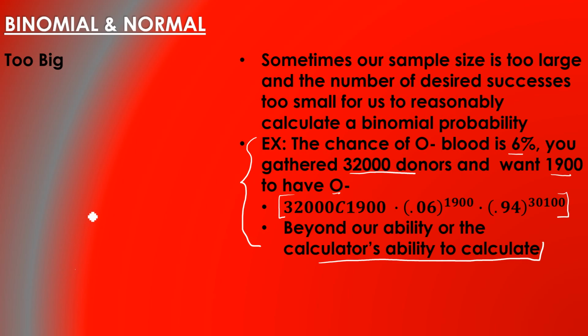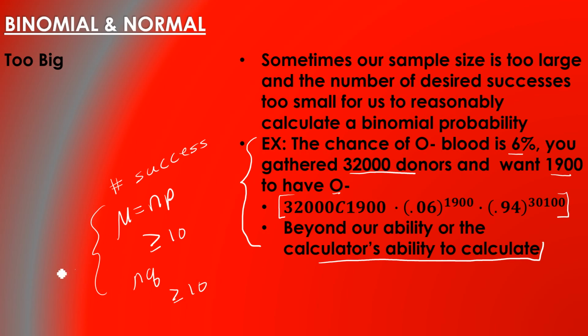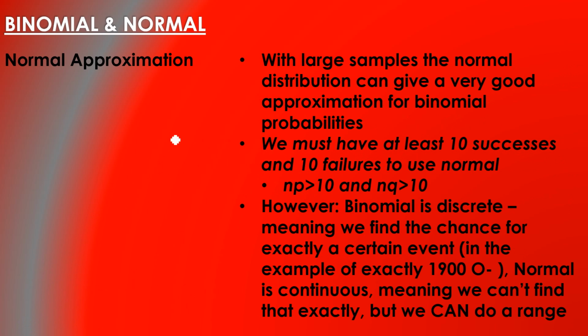If our number of successes, that is, our mean NP, is greater than or equal to 10, and if NQ, the number of failures, is also greater than or equal to 10, then we can use the normal distribution instead of this formula.